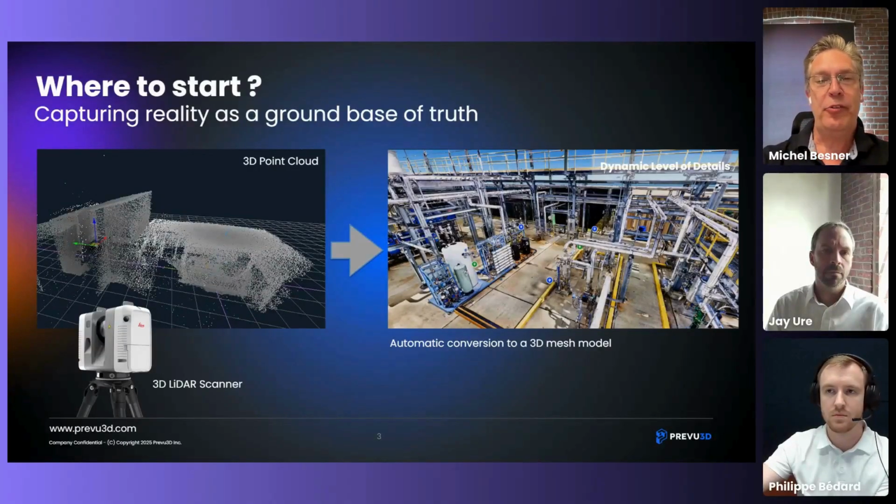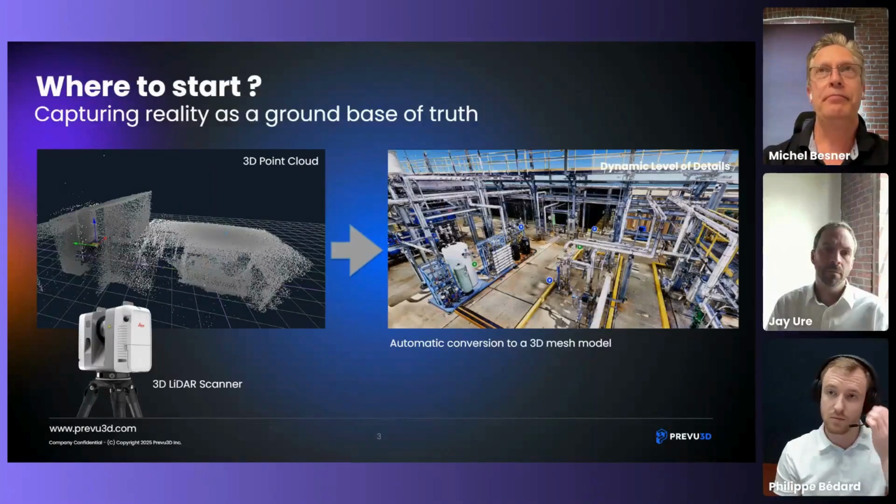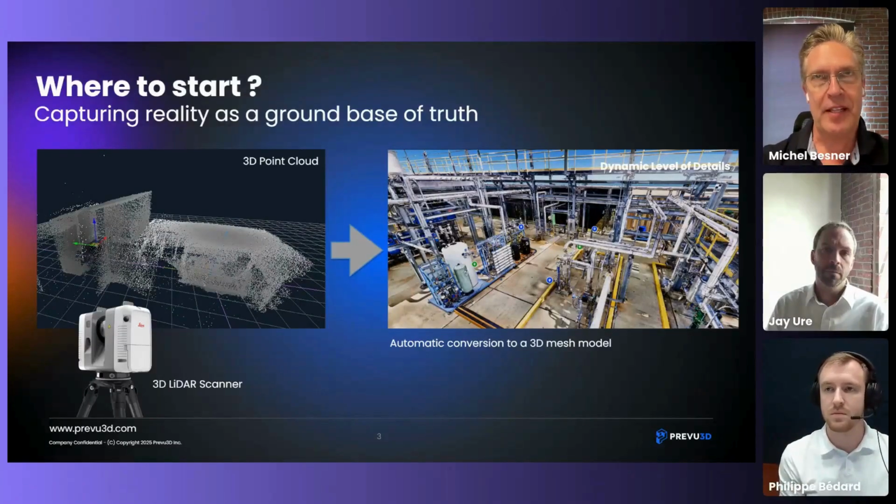One thing we've been contemplating solving in how to manage a single visual twin is that nobody's going to scan the entire facility all the time. You probably will do a first scan and then rescan certain pieces that are updated. So you need to think of how you maintain a visual twin with multiple scans.